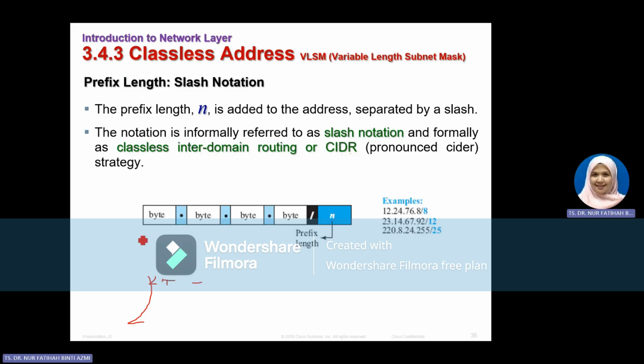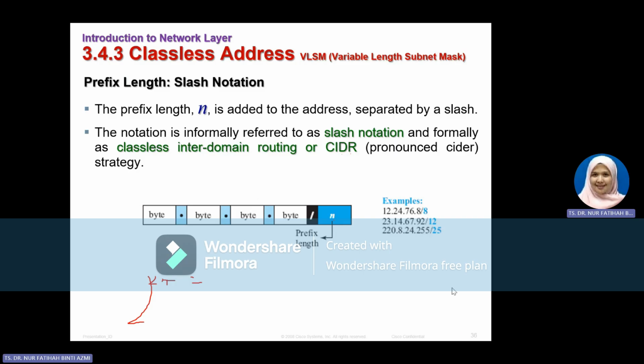2 to the power of 24 is equal to around 16 million, 16,777,216 addresses in total. So that is like 16 million usable addresses.